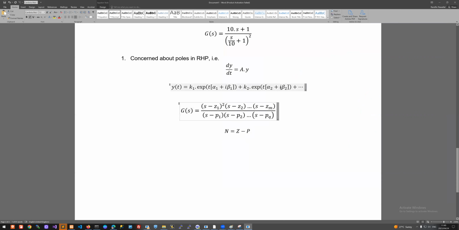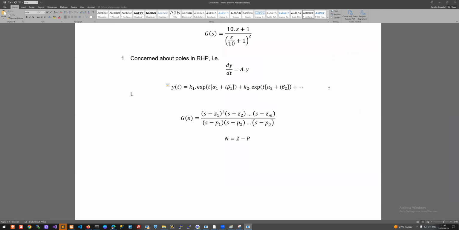So these things in the real world, if you look at your Laplace transform, the Laplace transform of e to the at equals 1 over s plus a, right? Using this simple fact, we can see that the eigenvalues a are the same as the poles here.